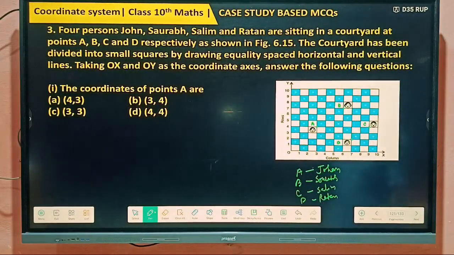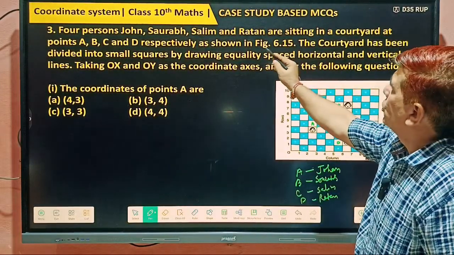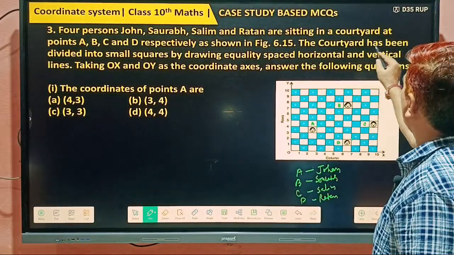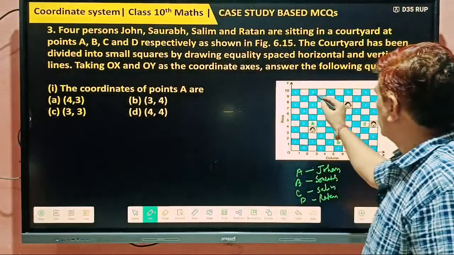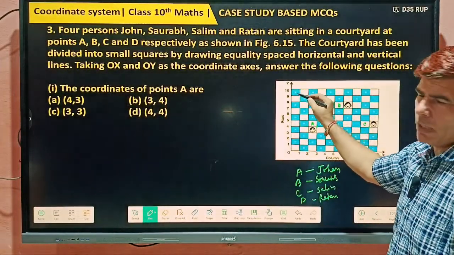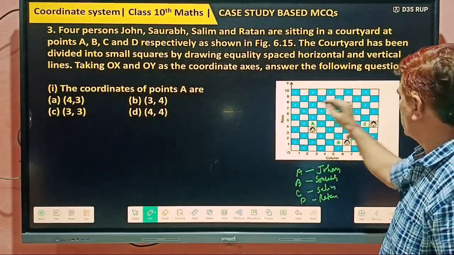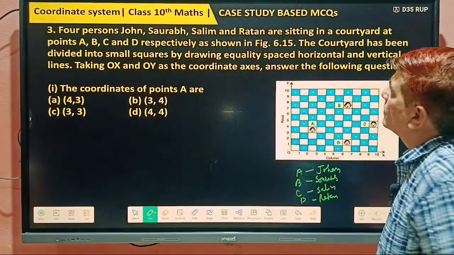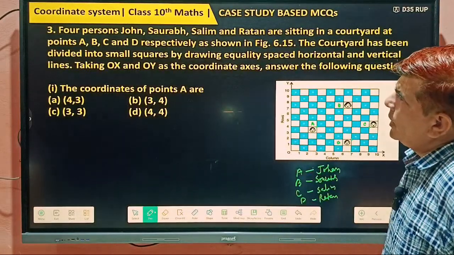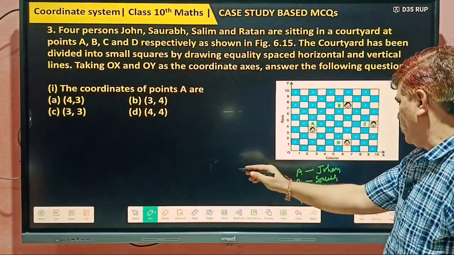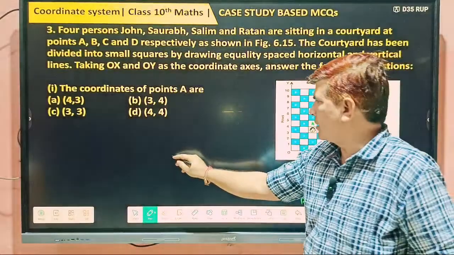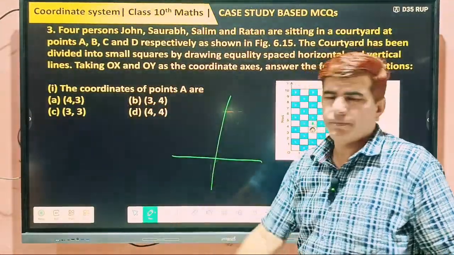So first we have to find out, as shown in the figure, the courtyard has been divided into small squares. So these are the small squares, one color blue, another white. Divided into squares by drawing equally spaced horizontal and vertical lines, taking OX and OY as the coordinate axes. Horizontal is this, and vertical is this.